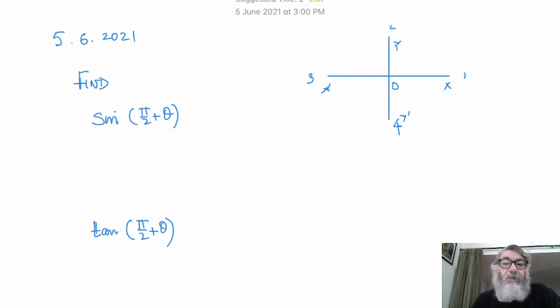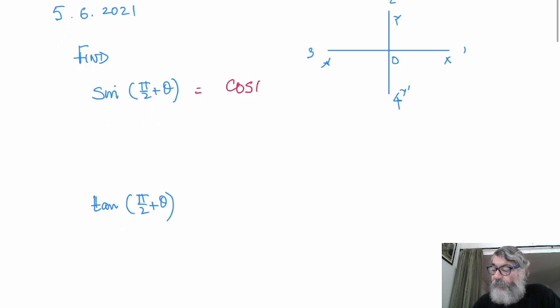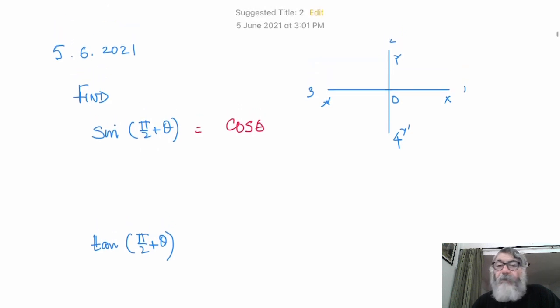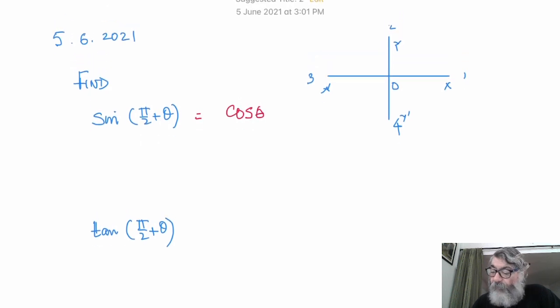And in the second quadrant, first of all, because we are talking of pi by 2 plus, sine will change into cos. I am writing it in a different color. Sine has changed into cos theta. Another thing is that the sign, whether it will be negative cos theta or positive cos theta, will depend upon what is on the left hand side.